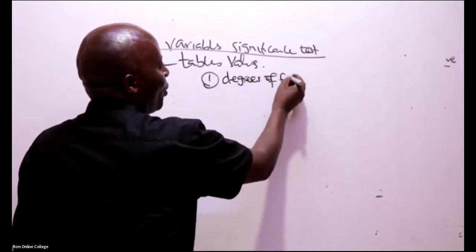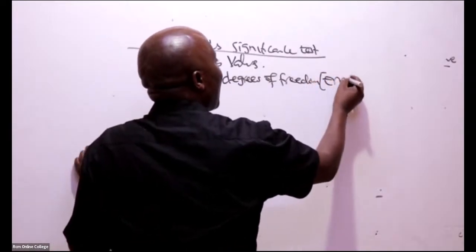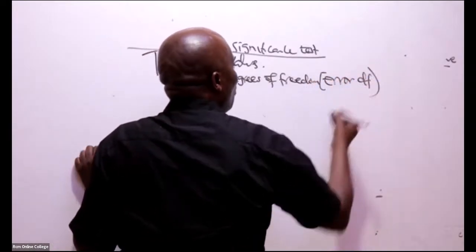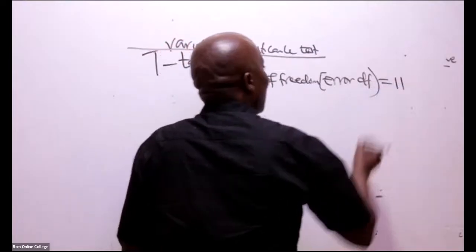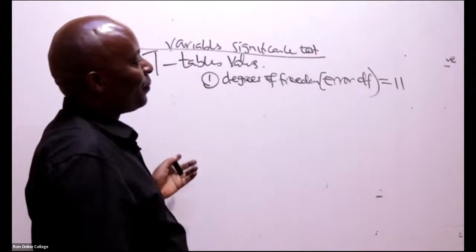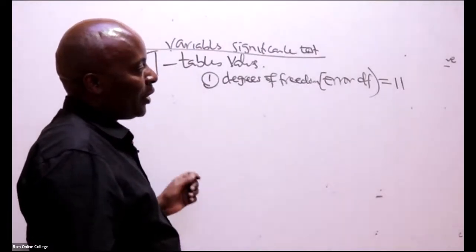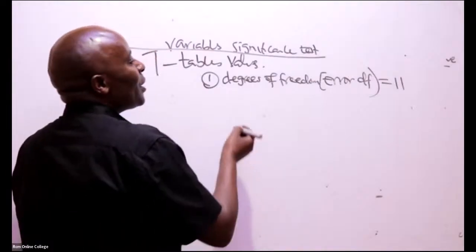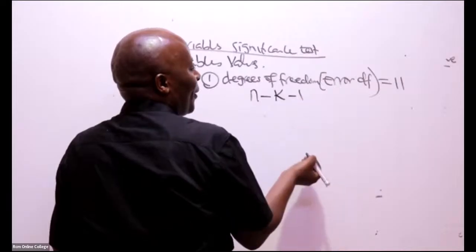Degrees of freedom. These will always be the error degrees of freedom, which you had given to me as 11, always. Remember, the error degrees of freedom are the ones we got by taking n minus k minus 1.